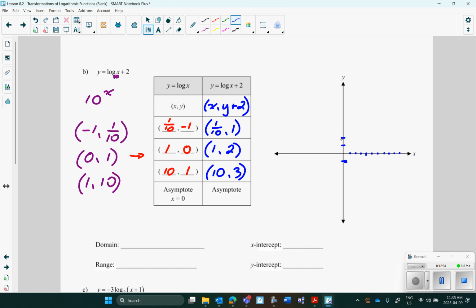One, 2. Yeah. What am I doing? That's negative. There's a negative one. 1/10, -1.